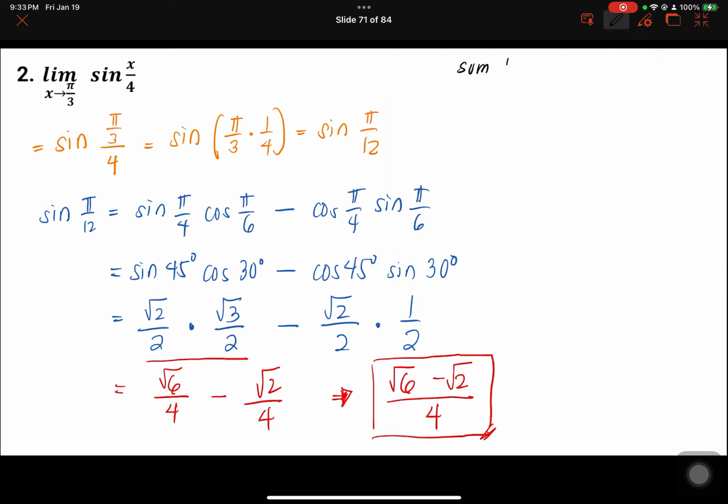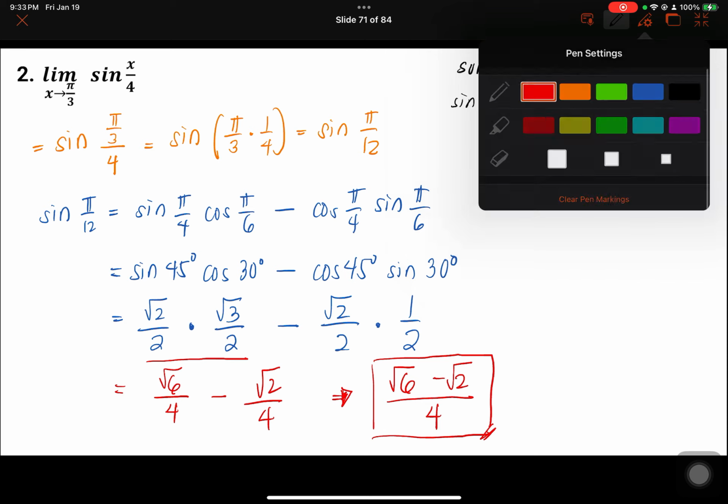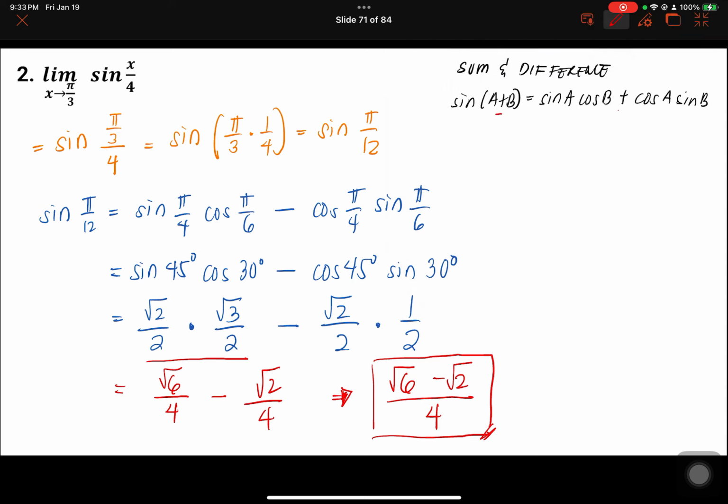Sum and difference. So, magiging sin A plus B. Ang magiging sagot natin dyan ay sin A cosine B plus cosine A sin B. So, kapag minus naman yung hinahanap natin, minus lang yung mangyayari sa atin. Katulad niyan. Okay?